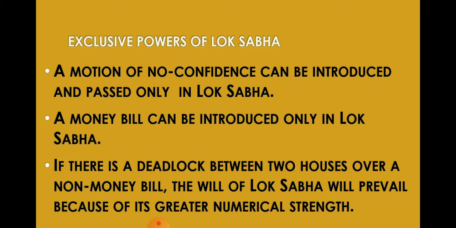But in some cases, Lok Sabha and Rajya Sabha have some exclusive powers. Following are the 3 important exclusive powers of Lok Sabha. The first one: a motion of no confidence can be introduced and passed only in Lok Sabha.